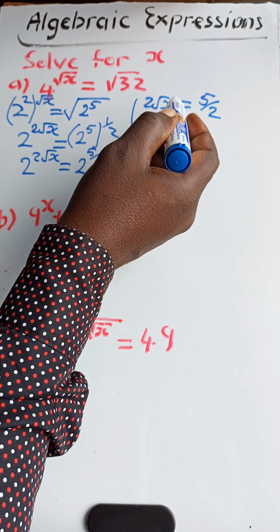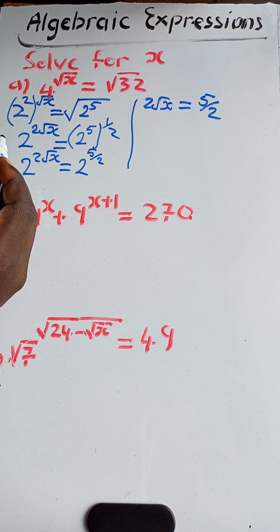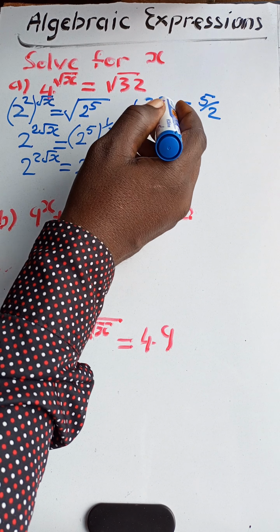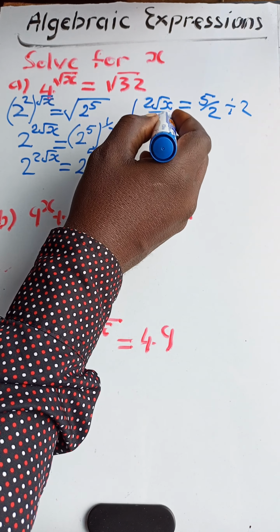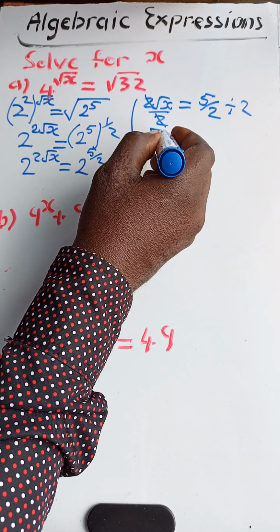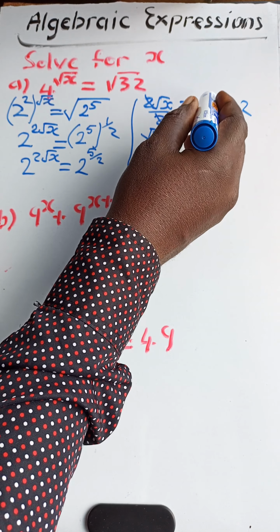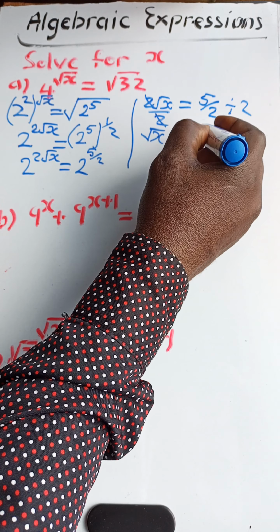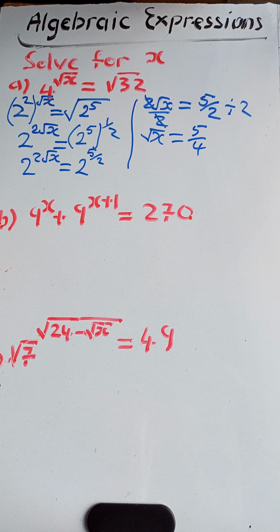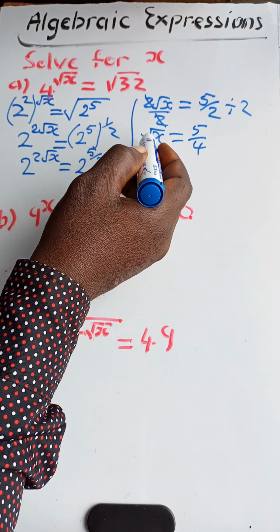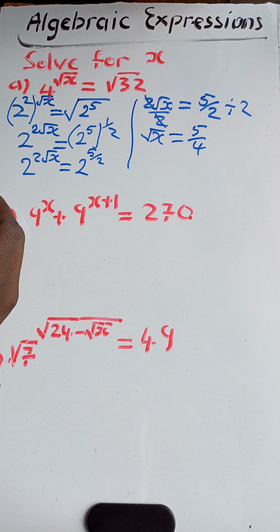We have now a pretty simple equation to solve for x. So we divide both sides by 2. These 2 cancel there. We have root x is equal to 5 all over 2 divided by 2, which is 5 all over 4. And so the last thing to do is to remove the square root over x.